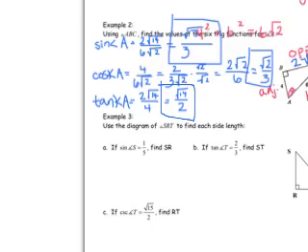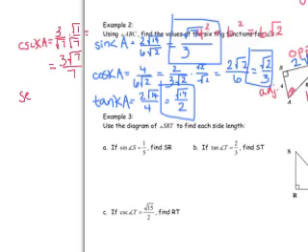So, the reciprocal of sine is cosecant, so cosecant of angle A. Since these are reciprocals of each other, if I just take this answer and put top on bottom, bottom on top, I get 3 over square root of 7. And rationalize it, so you get 3 square roots of 7 over 7.